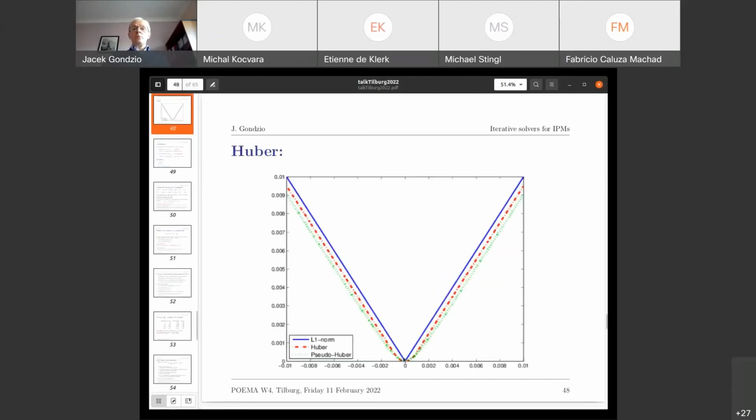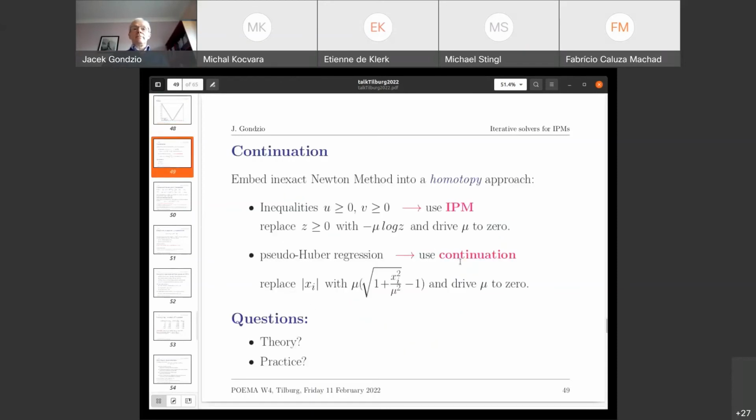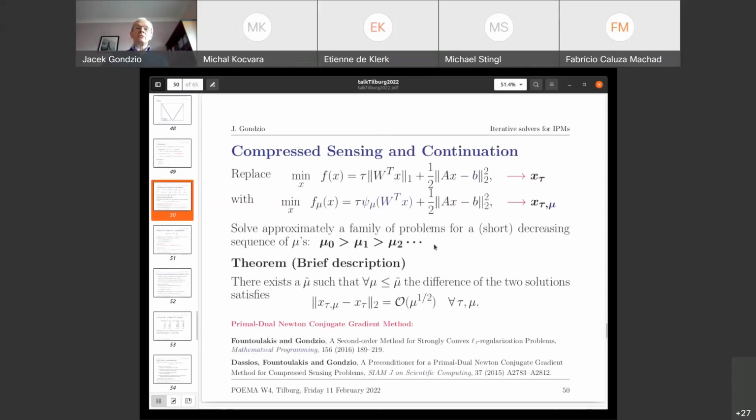If you choose small mu, the approximation will get closer to the blue line. For this methodology, we should ask questions: is it theoretically sound? Can it be made attractive in practice? And the answer is positive to both these questions.